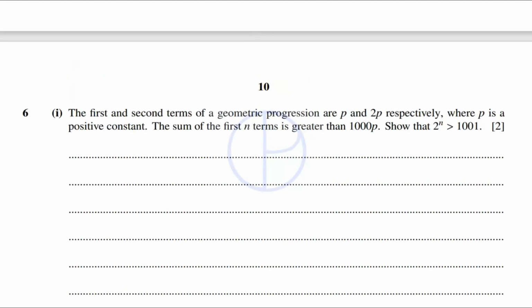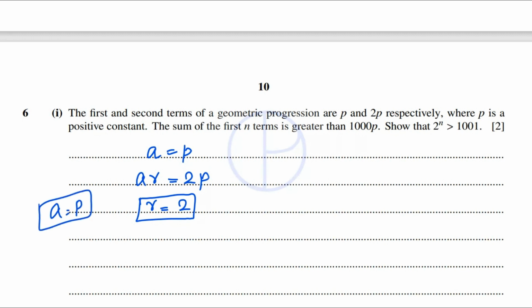The first term of the geometric progression is p, so a is p. The second term is ar, which is 2p. So from this we get r is equal to 2. So a is p and r is equal to 2.